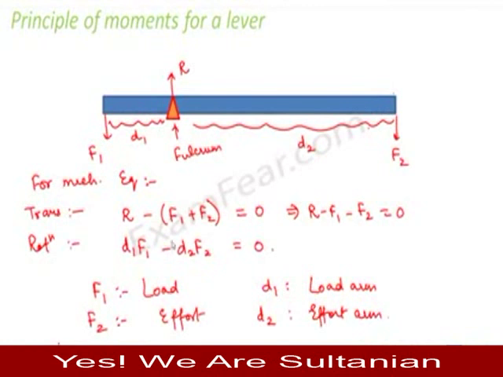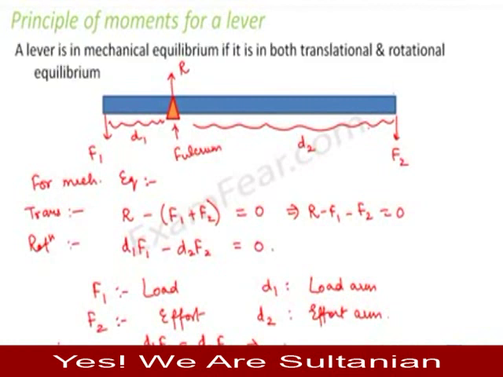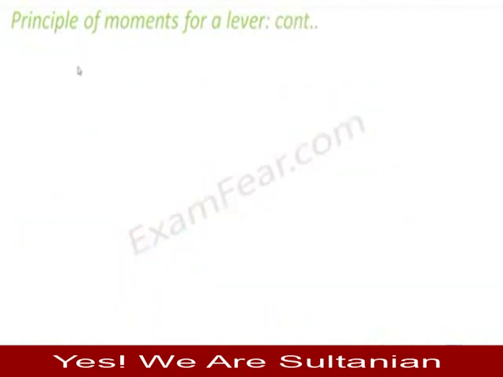Right? So we can write this equation as D1 F1 is equal to D2 F2, or this can be written as load arm into load is equal to effort arm into effort.